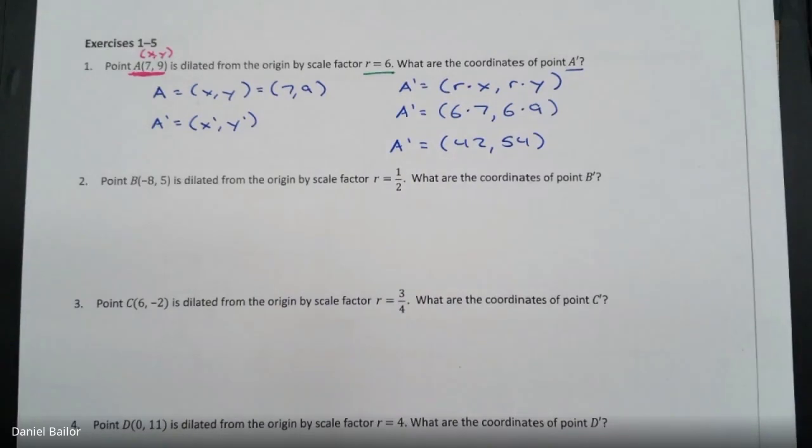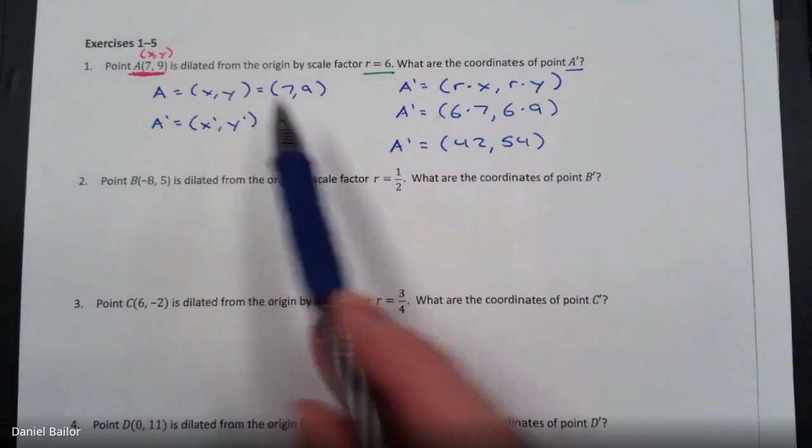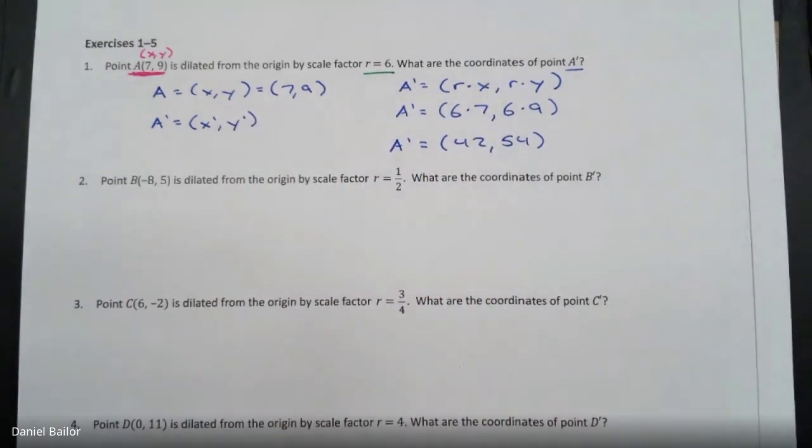The reason you can do it that simply is because remember, FTS tells us the scale factor changes everything. Because the scale factor changes everything, the scale factor changes X, the scale factor changes Y. So you just do 6 times X, 6 times Y, and that tells you the dilation. That tells you where the new point is.